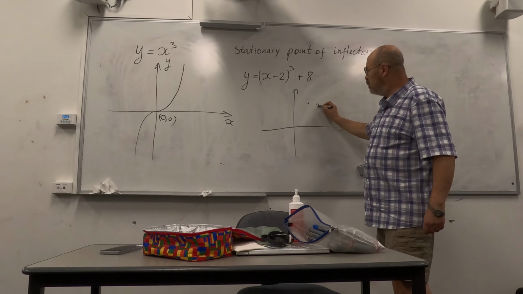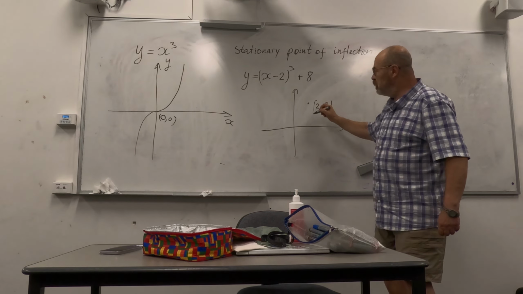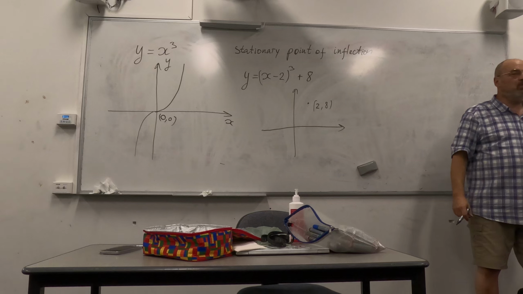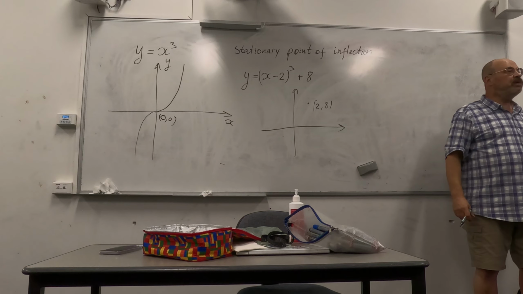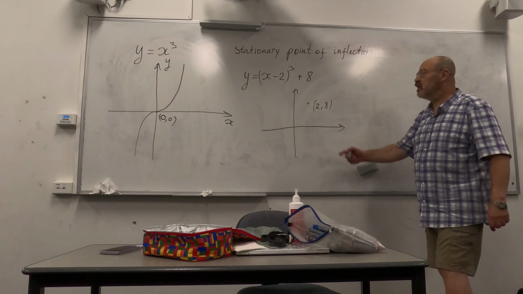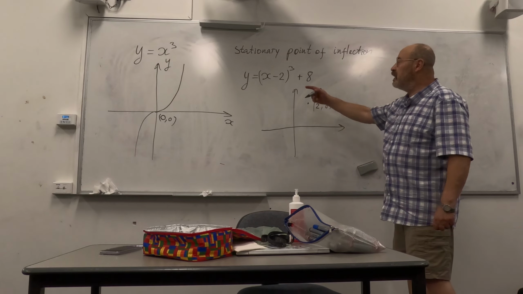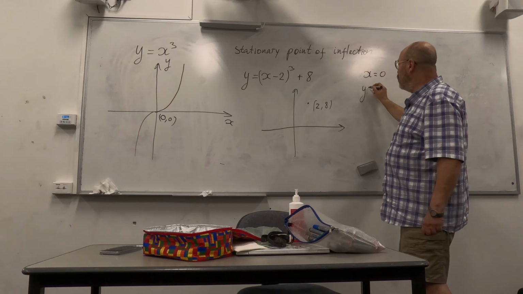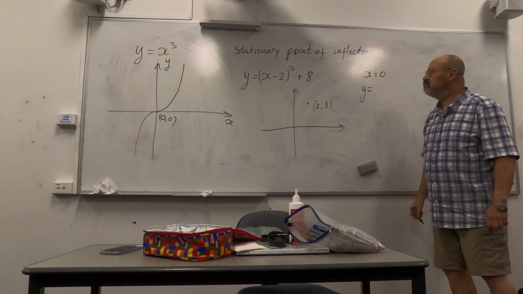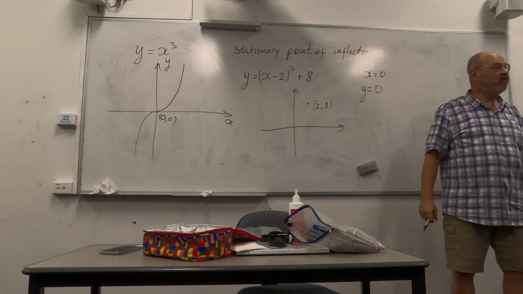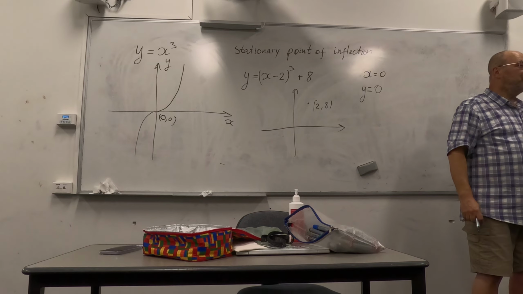This stationary point of inflection moves from (0, 0) to (2, 8). What else do we need to find to make the graph complete? The x and y intercepts. Let's start from the y-intercept. x equals 0.